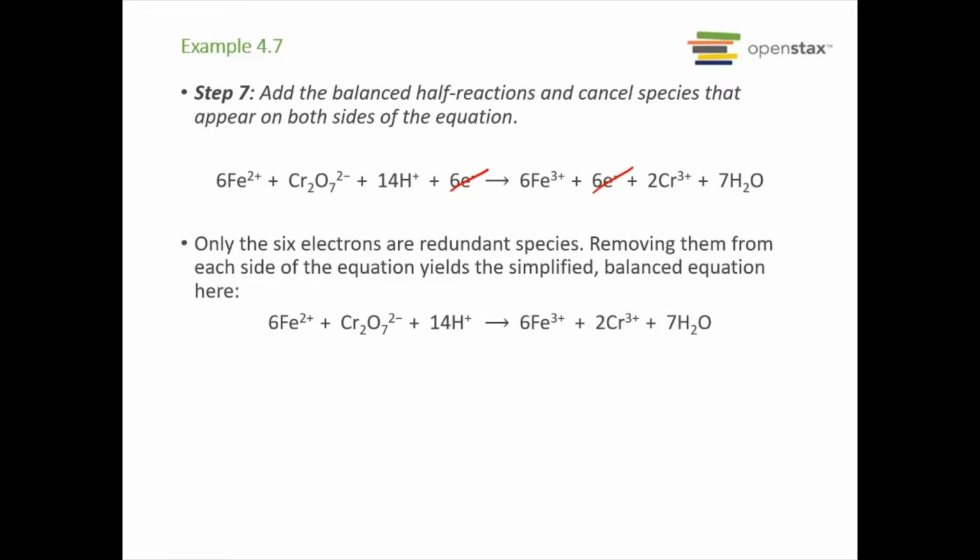But your electrons always cancel. You never have electrons left over. If you do, you need to go back and fix things. All right, so once we get rid of the electrons and anything else that might be the same on both sides, then you get your simplified balanced equation.